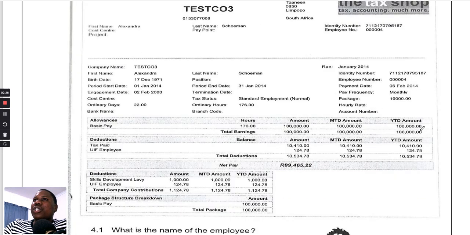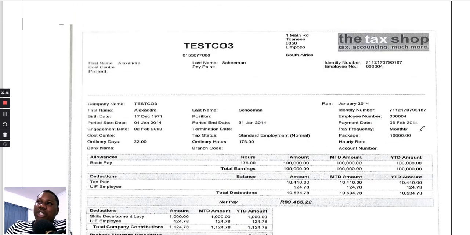Don't rush to go to the questions. Firstly, you have to understand the information you're presented with. So check each and every parcel in this payslip before you go to the questions.